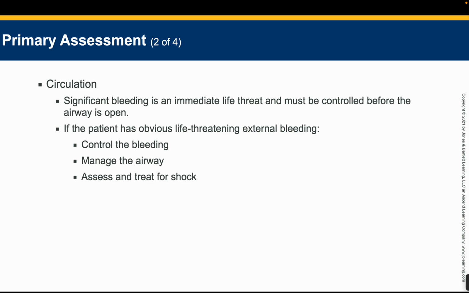Then move into your airway management, making sure that your patient can maintain it. At the same time, you should already be thinking about shock, assessing for it, and starting treatment early. So this isn't always that strict ABC order. In trauma, especially with severe bleeding, it often becomes more of a CAB approach or an XABCs approach, because if you don't control the bleeding, nothing else matters.